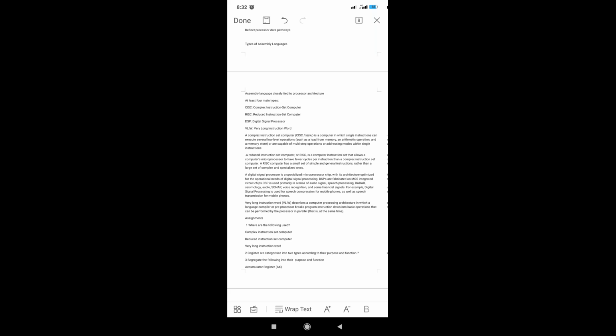You can find them in your audio antennas, your speech processing devices, for your voice recognition, and most importantly, for your facial signals. These are where your digital signal processors are being used.